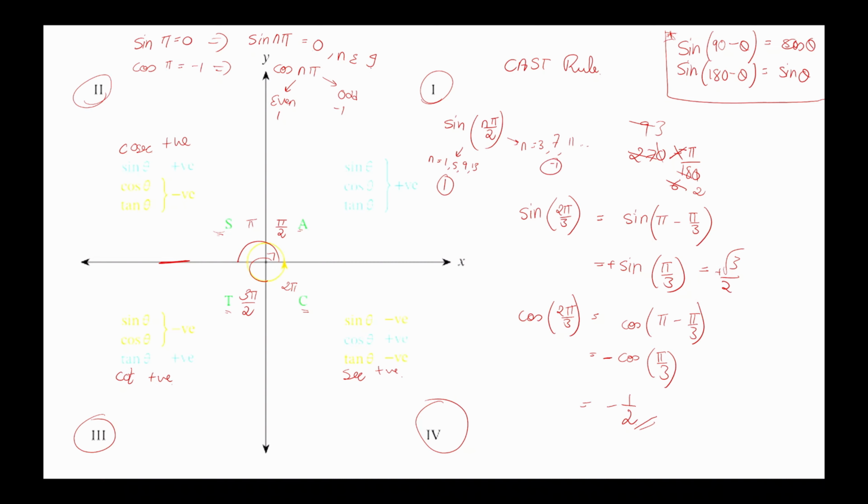So keep this in mind. For sine of n pi by 2, for n starting from 1 with a common difference of 4, that is 1, 5, 9, 13, I would have +1. And for values starting from 3 with a common difference of 4, that is 3, 7, 11, I would have -1. So keep these things in mind. Again, very basic stuff.